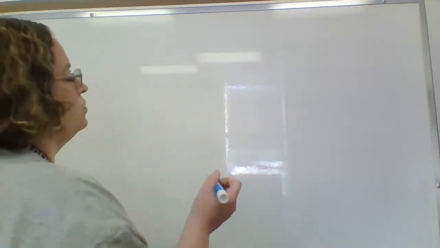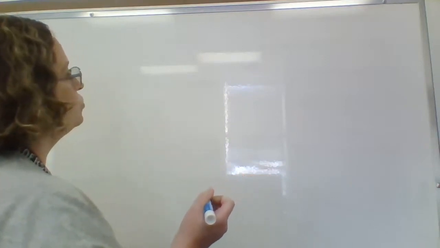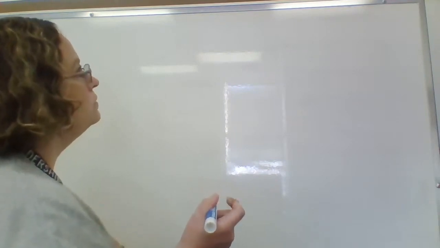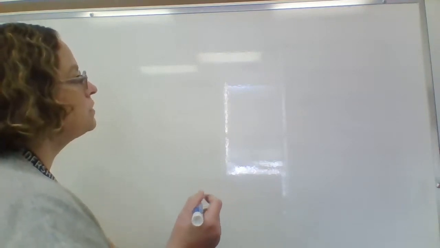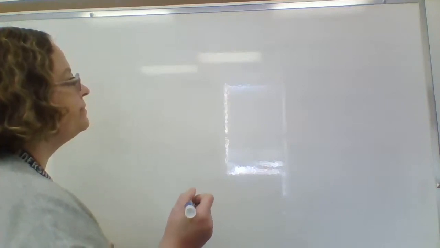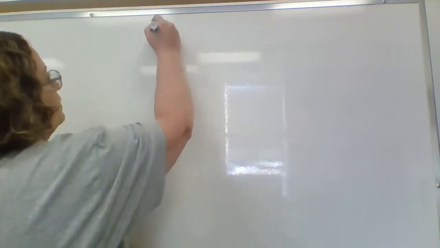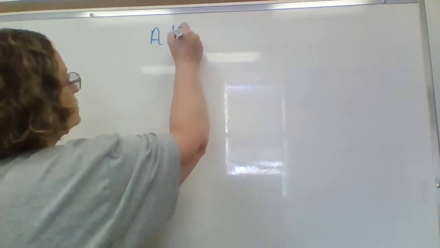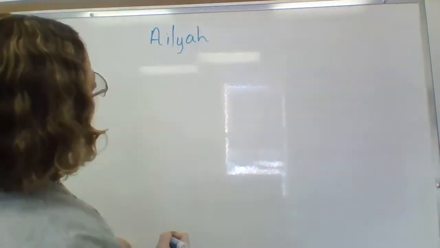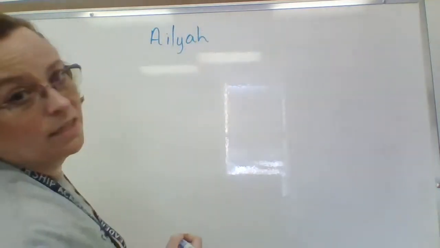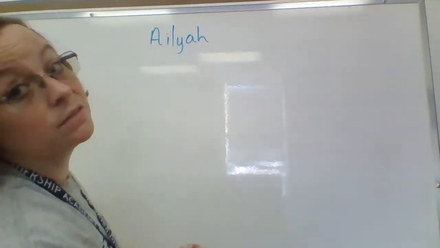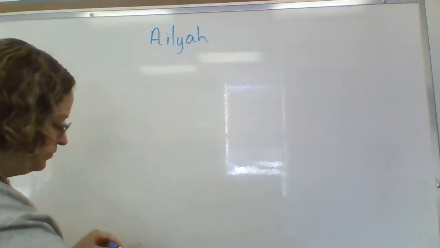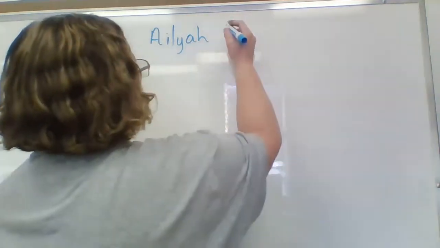I will use Aaliyah. Okay. I think I spelled your name right, Aaliyah. If I didn't, I'm sorry. Please forgive me. Okay, so let's say that Aaliyah owns her house, okay?